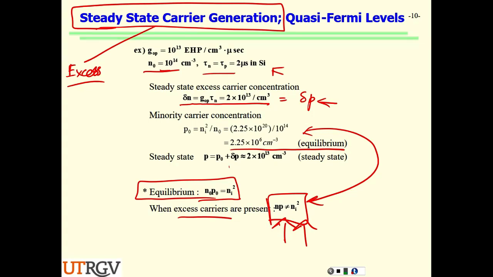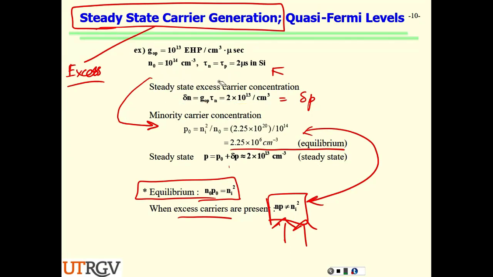You have to first take the steady state carrier concentration. From this, you have to find out minority carrier concentration, and you have to use these two values to find what is the excess that is being generated, and that excess would be equal for both, because it's electron hole pair formation, right? And that's the number which needs to be added to the steady state value, and that would give you the final number of how much are the minority charge carriers after this optical generation has happened, right?